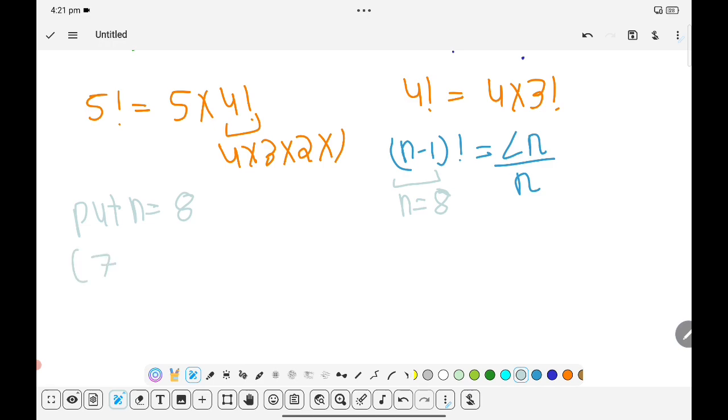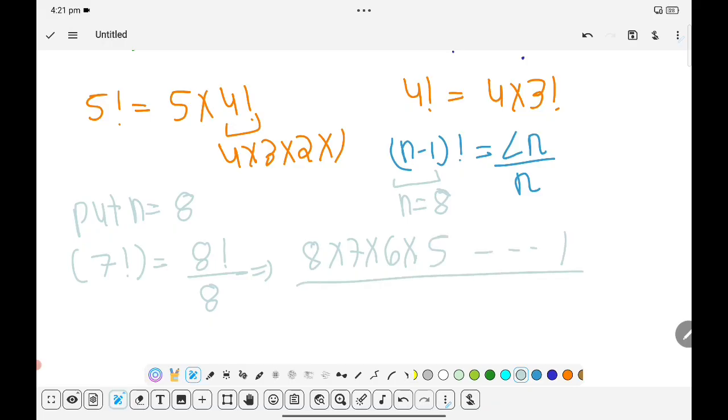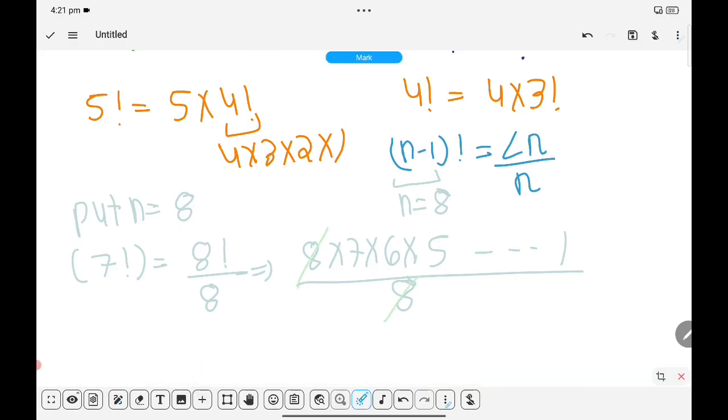So it becomes 7 factorial equals 8 factorial divided by 8. Now 8 factorial is 8 into 7 into 6 into 5 and so on till 1, divided by 8. Here you can see that 8 gets cancelled and we get the result, the same as 7 factorial.